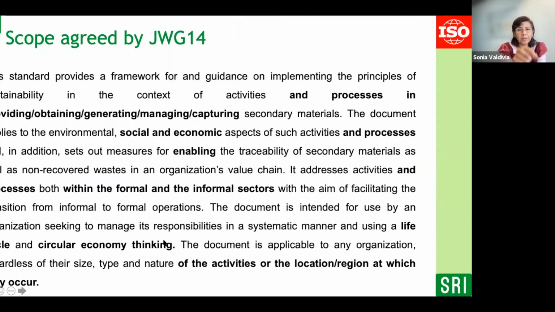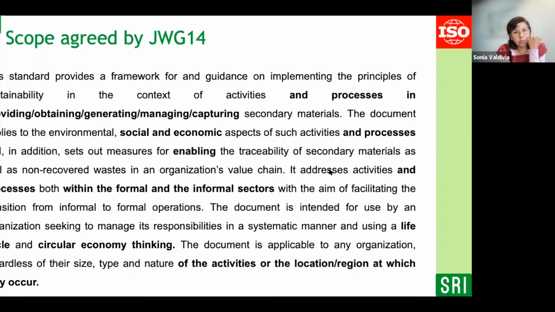And this part is very important because this is like the Bible for us. This is a scope agreed by more than 20 organizations, 20 countries worldwide, on what the scope of the standard should be. And what I would like to highlight here is that it's about developing requirements for processes that lead us to producing sustainable secondary materials.